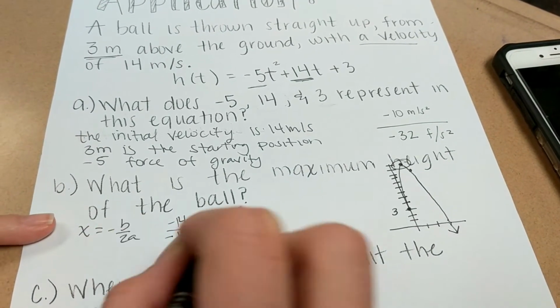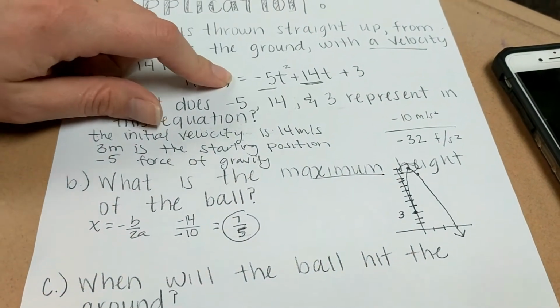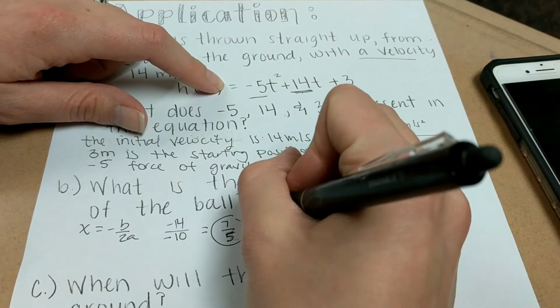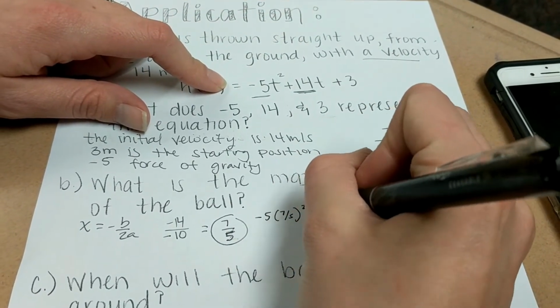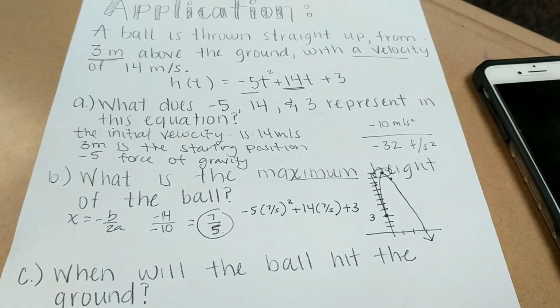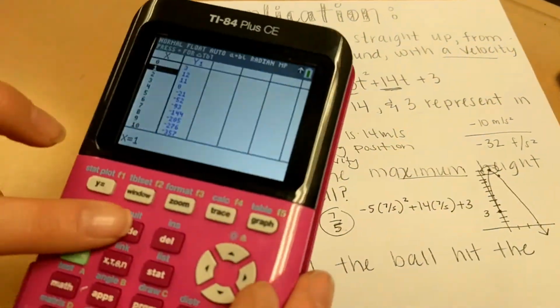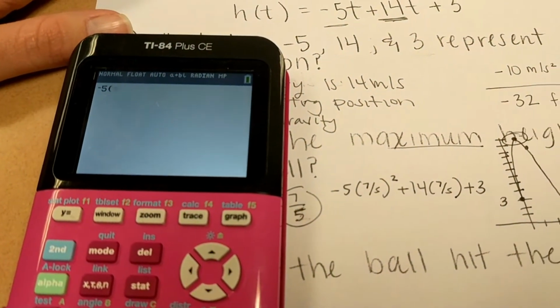And then to find the actual height, because we're looking for height, we would plug that into our equation. So we would have negative 5 times 7/5 squared plus 14 times 7/5 plus 3. And hopefully this makes more sense now. How did I know that I made a mistake?